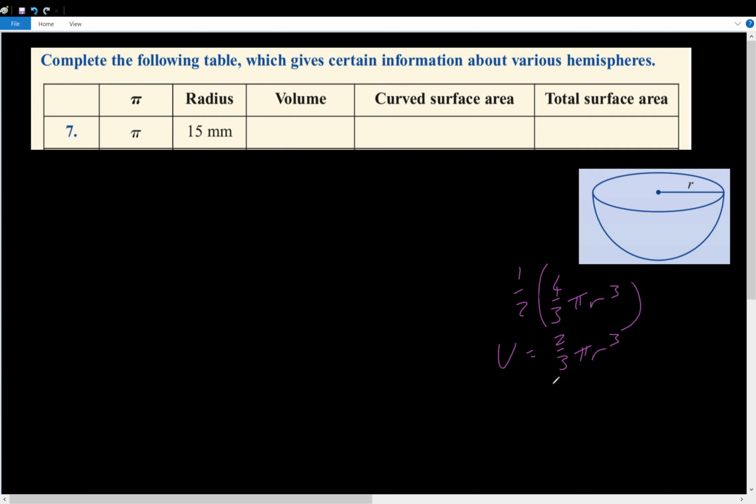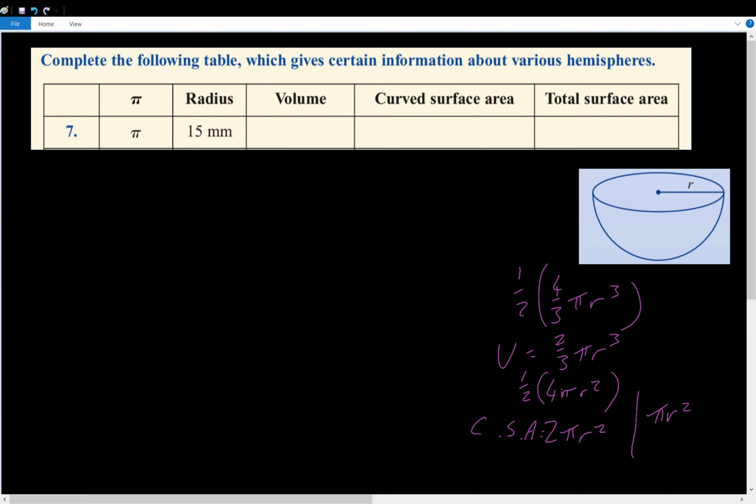And if the curved surface area for a full sphere is equal to 4 pi r squared, then half of that is going to be the curved surface area for our hemisphere, so it's going to be 2 pi r squared. And then the flat surface area is just going to be pi r squared. So that's the last bit we're going to need for the total surface area. It'll be pi r squared, like that.